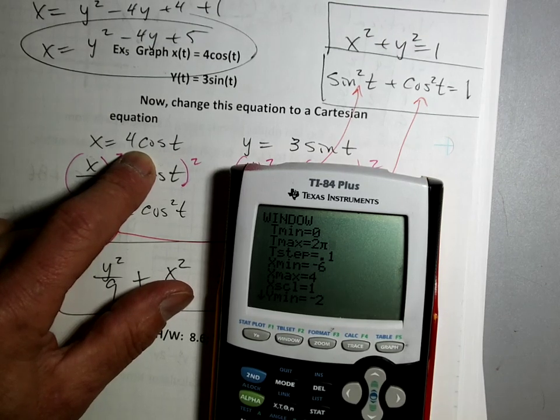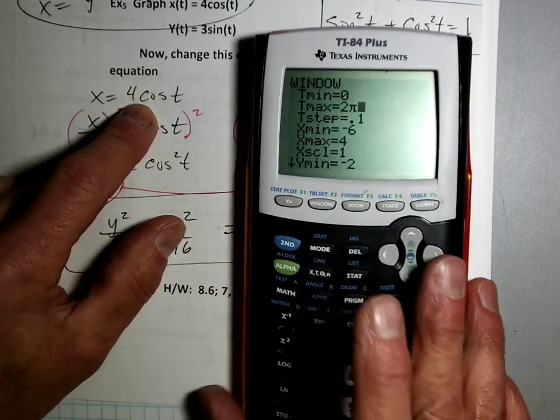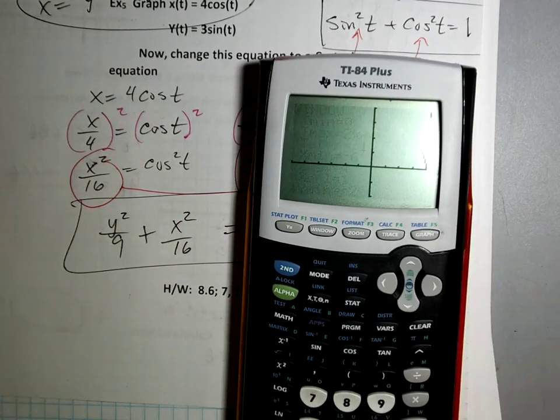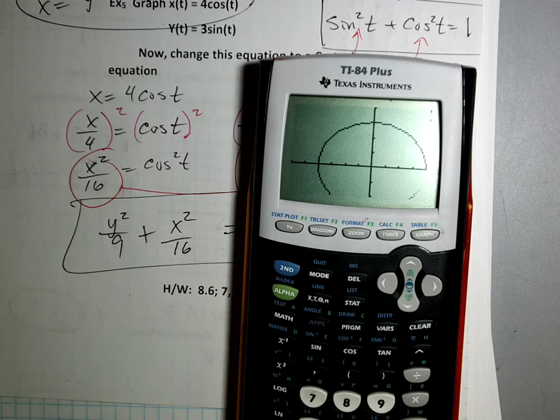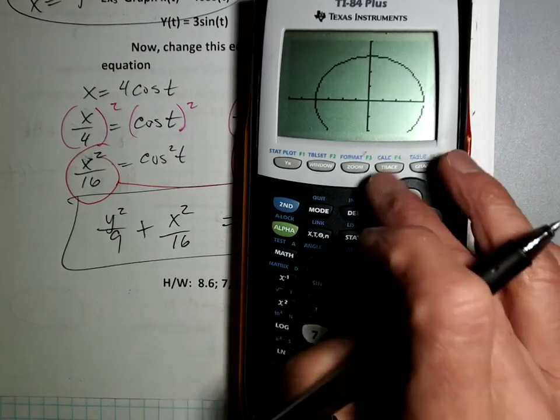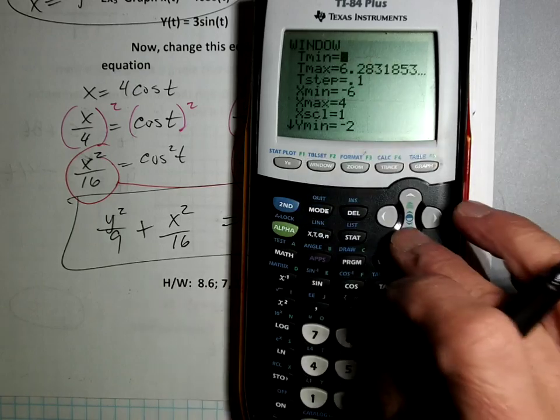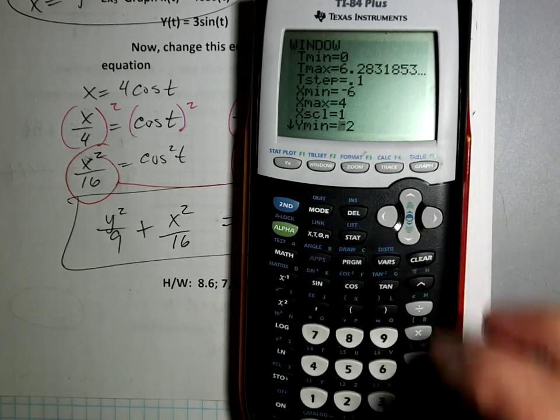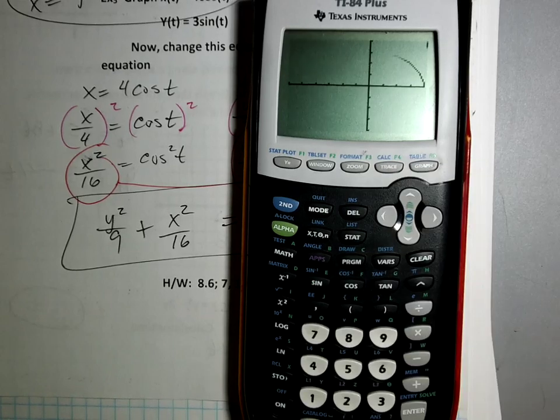There's a reason I'm going to 0 to 2 pi, because I'm going to go around a circle. And let's graph it. And it is an ellipse. I want to see a little bit more of that. Window. Change my y min to maybe -4. There we go, graph that.